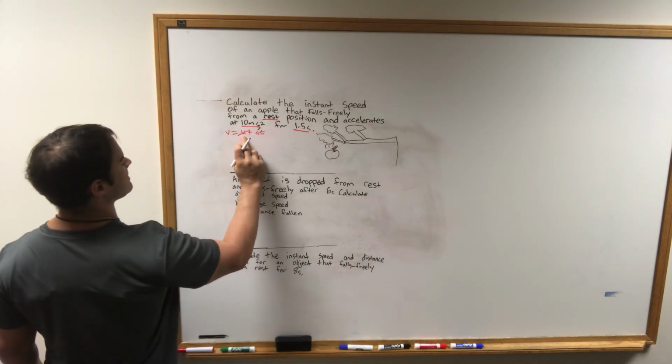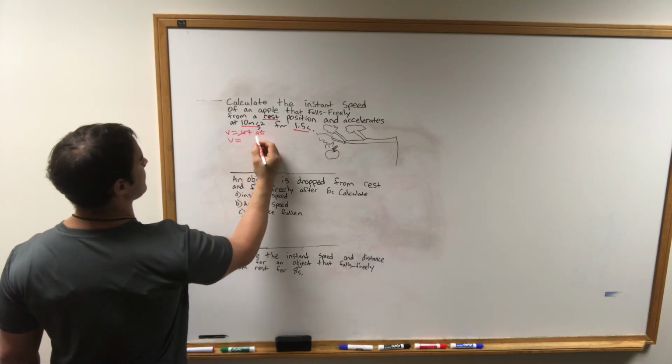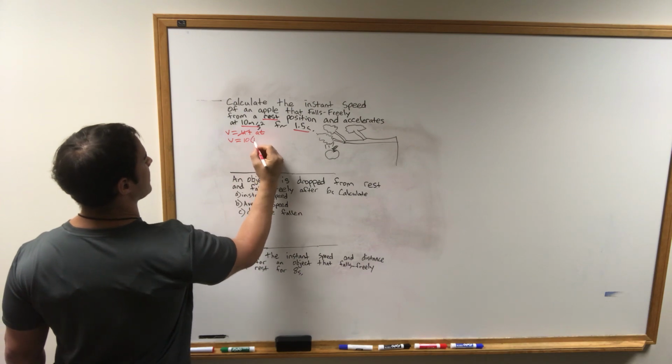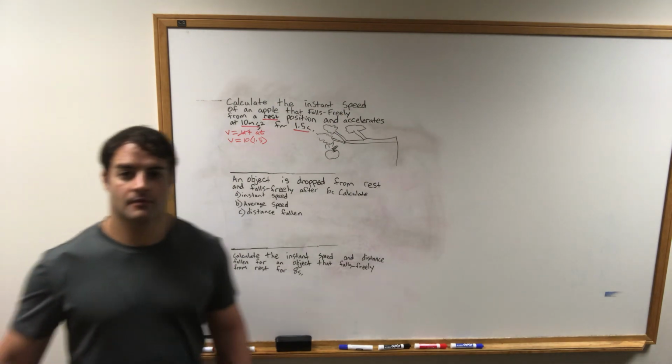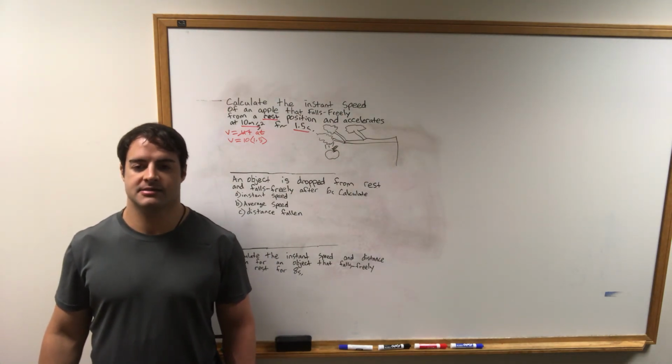So the initial velocity cancels, and the final velocity is 10 times 1.5. Okay? And you simply multiply. 10 times 1.5 is 15.